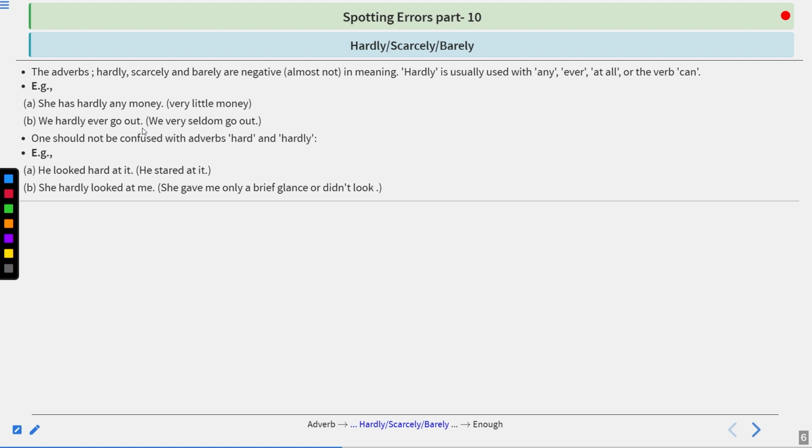She gave me only a brief glance or didn't look at all. So, both the words give different meaning. So, don't get confused. And their position is also different. Hard comes after the verb, and hardly comes before the verb. I hope you understood.